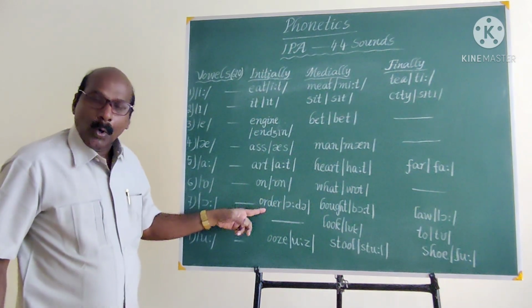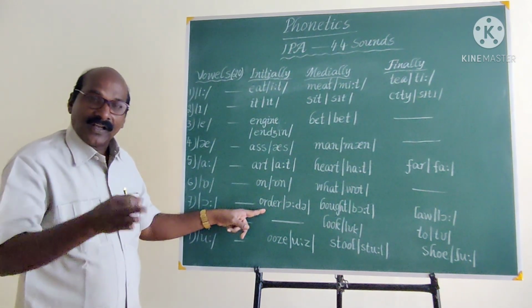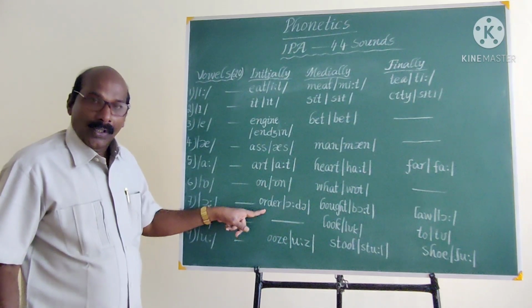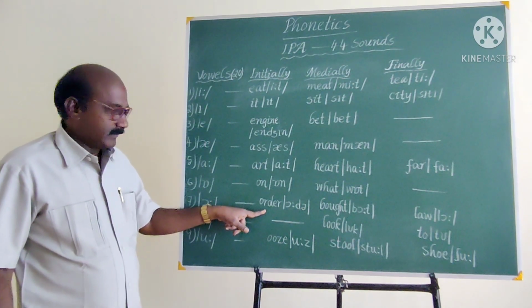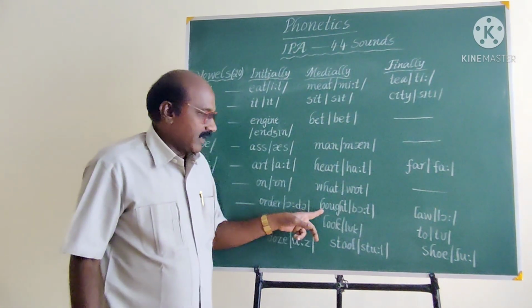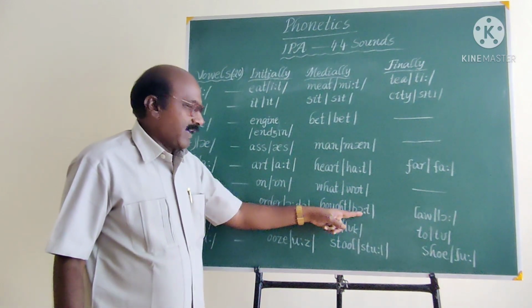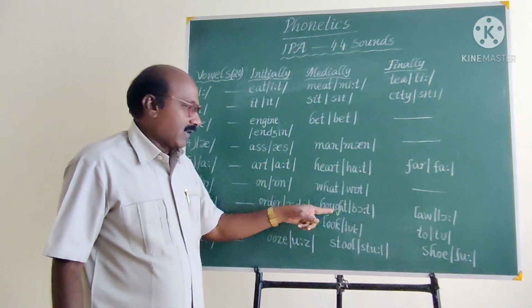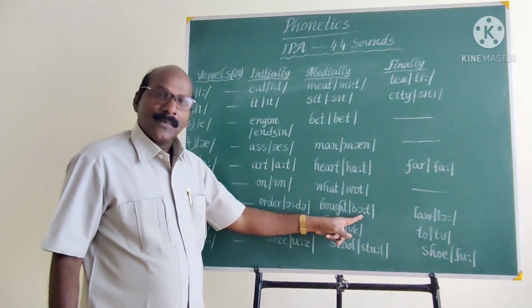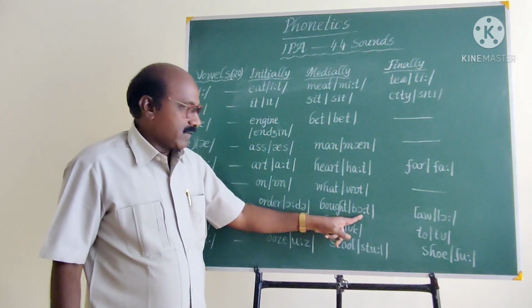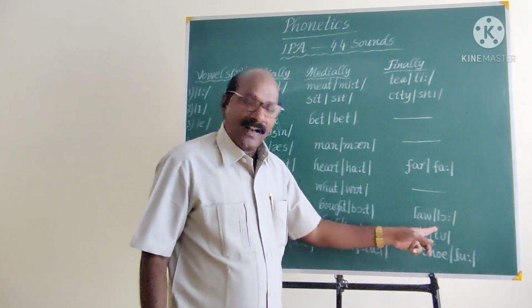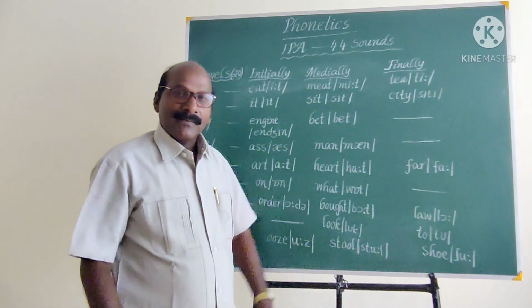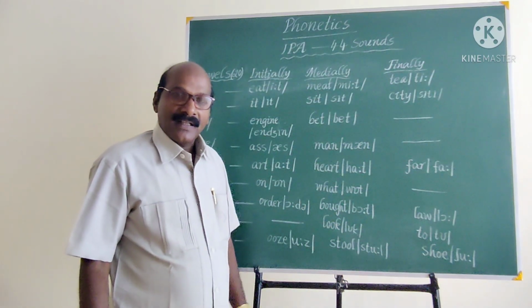As in order. Initially it occurs as O, order. As in bought. Medially we get the sound as bought. And finally also it occurs as in saw.